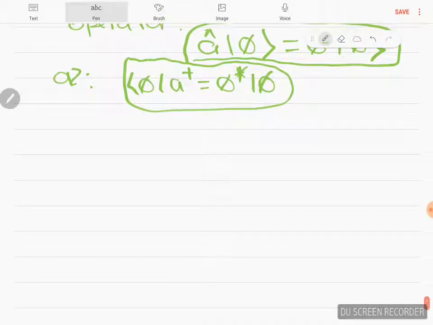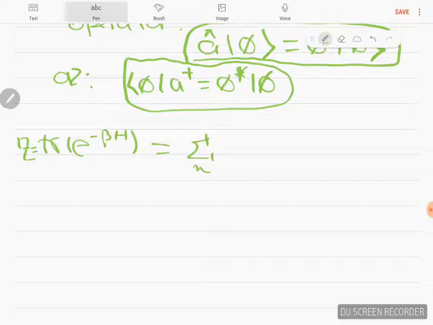So as the trace for normal quantum mechanical states, let's say Z equal to the trace of e to the minus beta h, as this trace was written in this way.